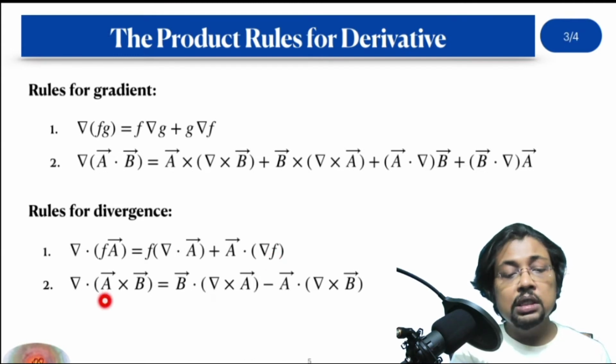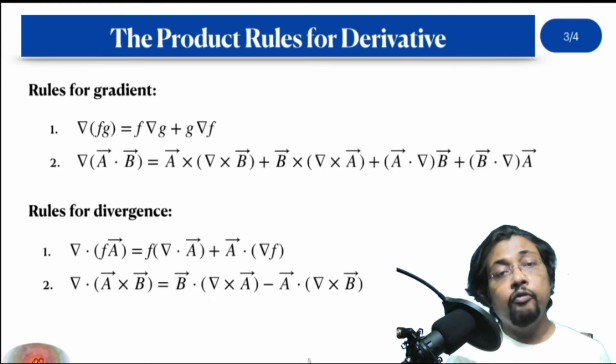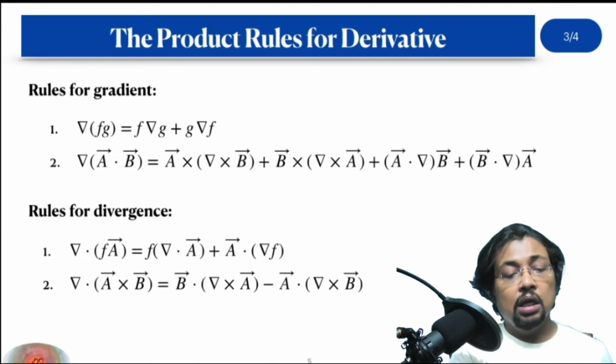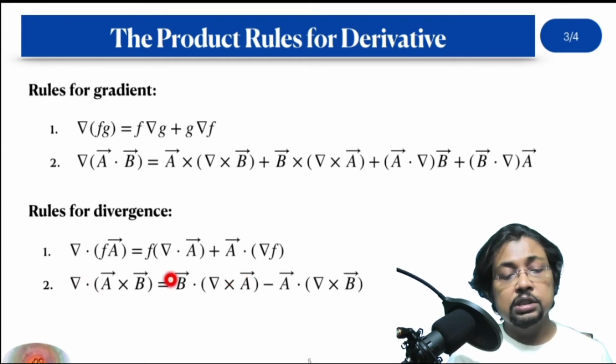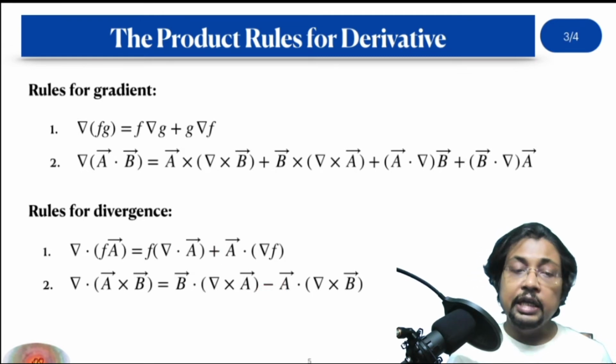And the next one is the divergence of the cross product, because you can apply the divergence over a vector and the cross product also generates a vector. In a similar manner, you apply the divergence over A, which becomes a curl, considering B is constant, and in the next case you consider A is constant, where you apply this operator over B as a curl. The only difference is that in all cases there is a plus sign, only here there is a negative sign.